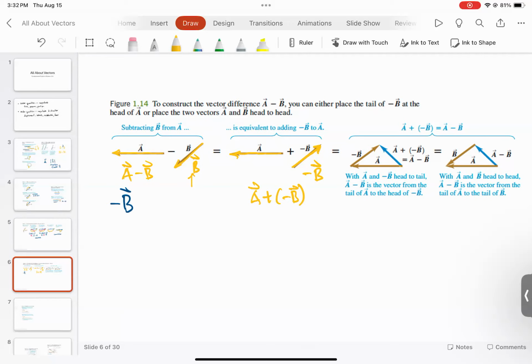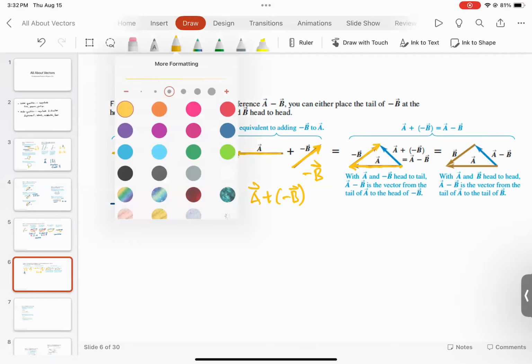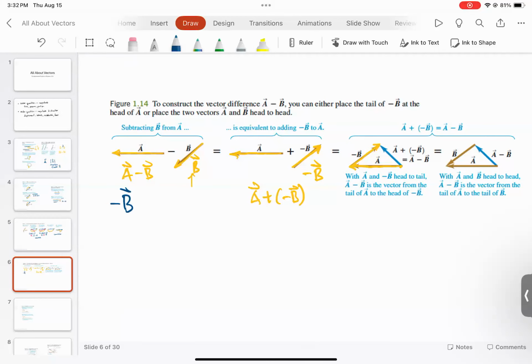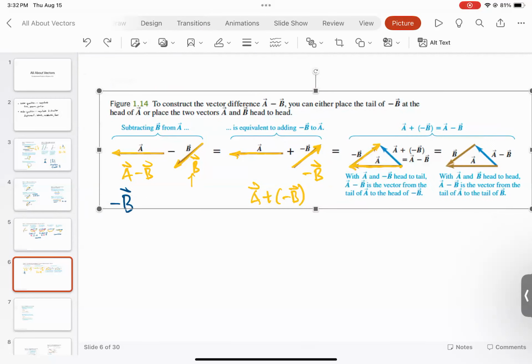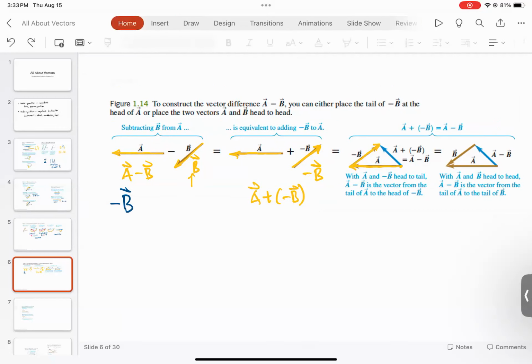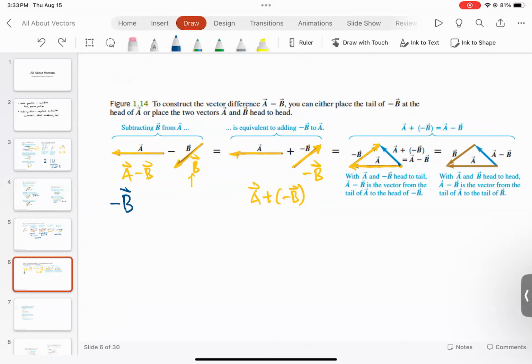So vector A first, and then we attach vector negative B. The tail of A is the starting point, the head of negative B is the end point, and that's the resultant vector, from the starting point to the end point. That's now our A minus B.